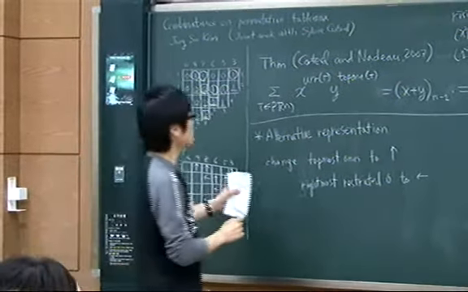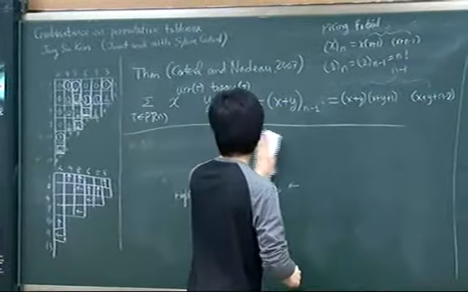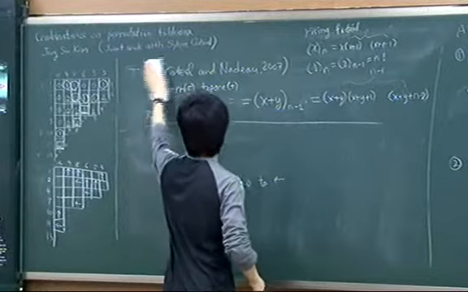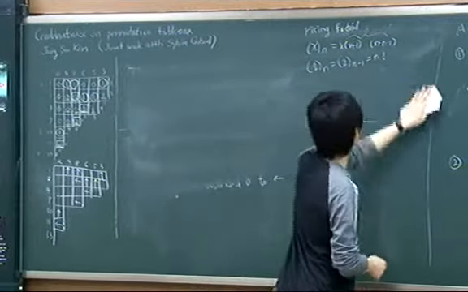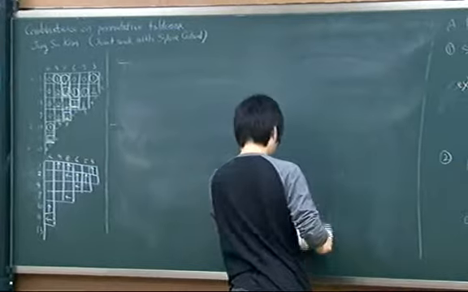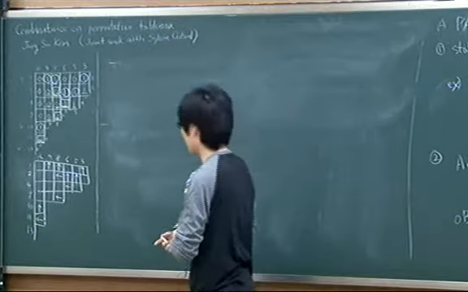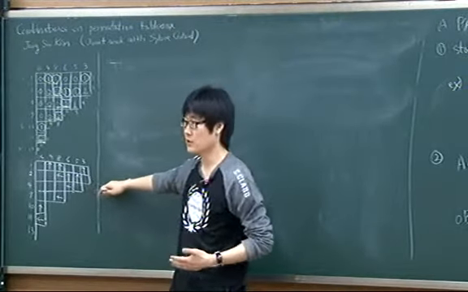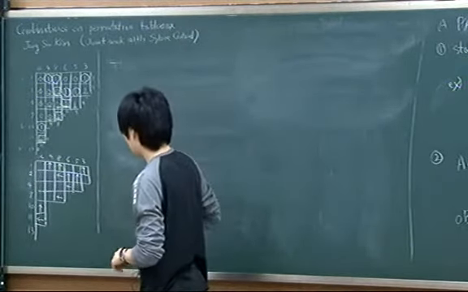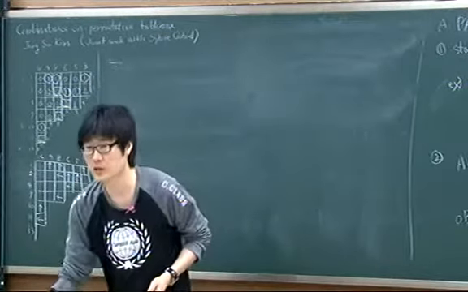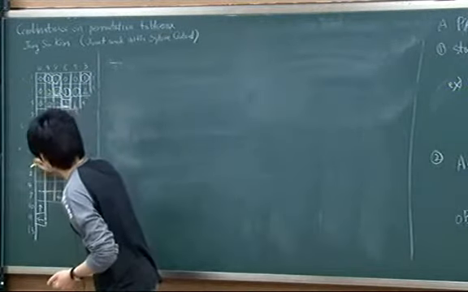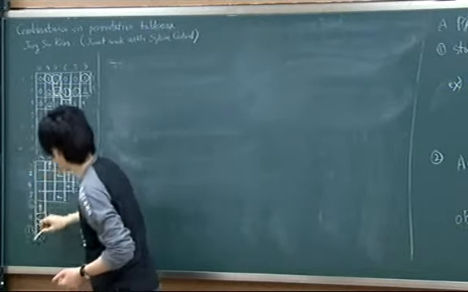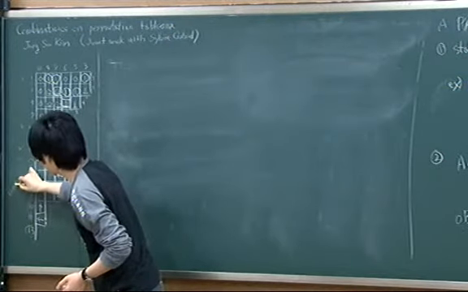So from this tableau, we will find the permutation. The correspondence is this. We first find the unrestricted rows. So these are the unrestricted rows.